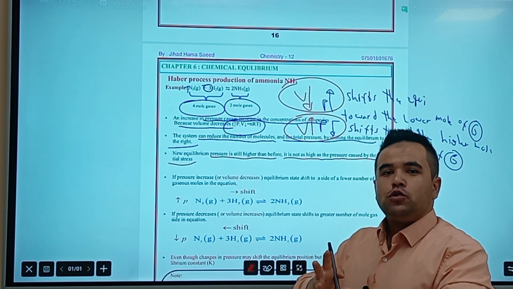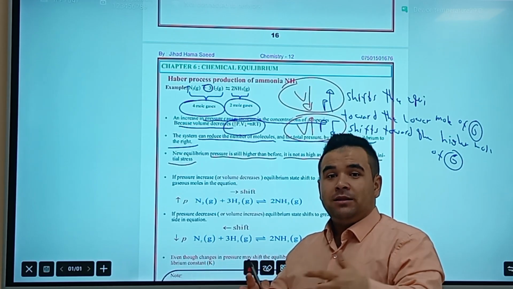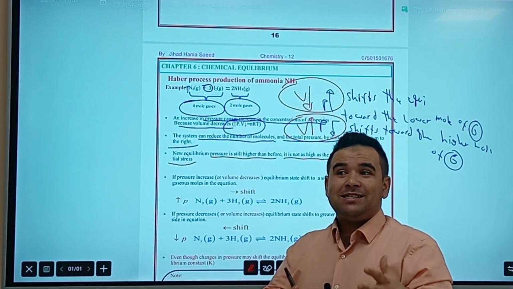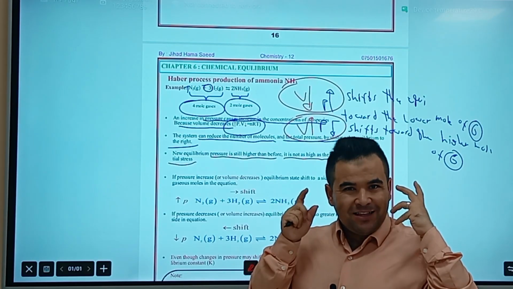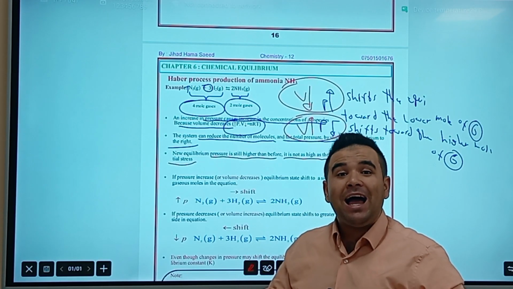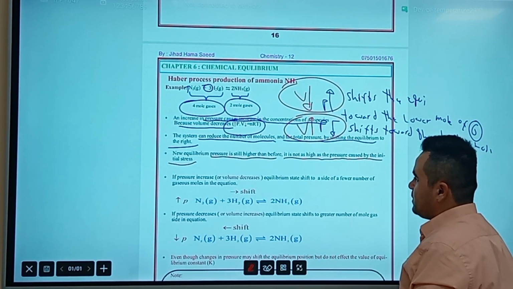In the new equilibrium position the pressure is higher than before, but it's not the same as the pressure we applied at the beginning of the disturbance of the equilibrium state.